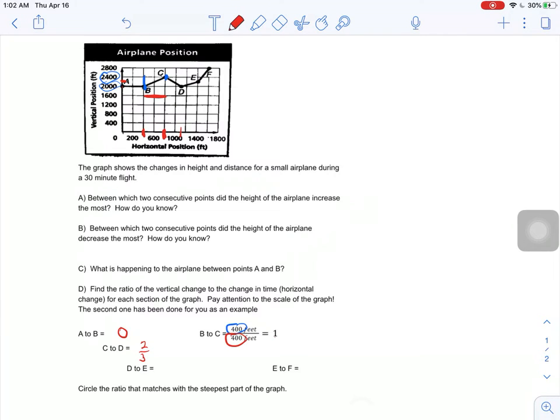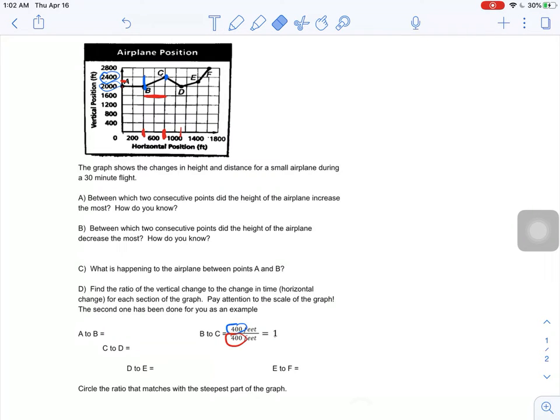And then E to F, that one we increased by 300 feet up and down and 200 feet side to side. So that would be reduced to 3 over 2. So you can reduce those different ratios.